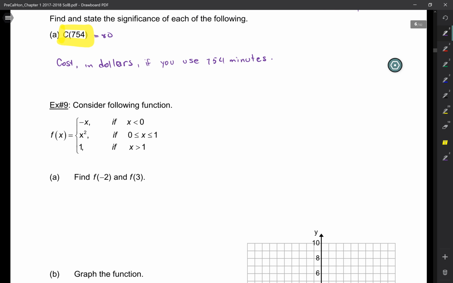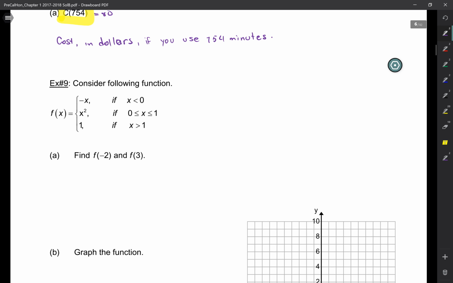So basically, we have another piecewise function. We want f of -2 and f of 3. So these are two mini problems in one. First, f of -2. Take a look at -2. What you want to do is look at the intervals and see in which of these intervals -2 falls. Is it in the first, second, or the third? It's in the interval less than 0.